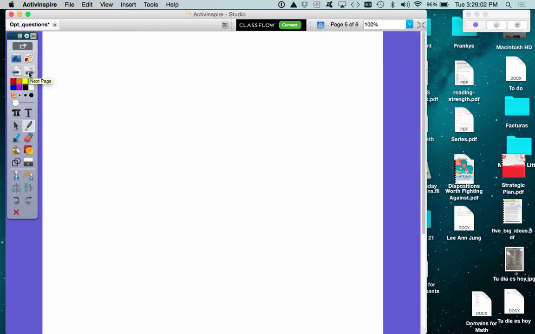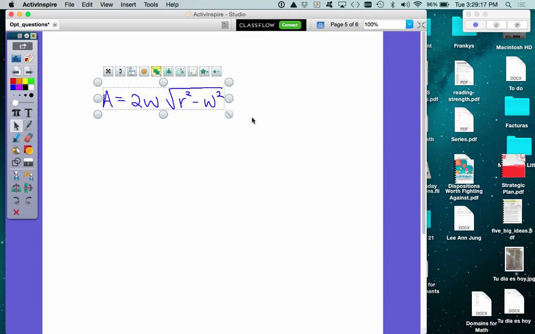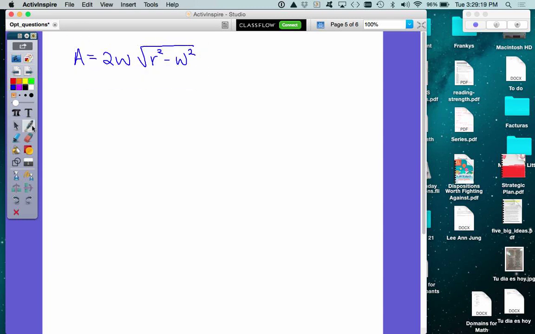So my function that I was working with was A equals 2w times the square root of r squared minus w squared. That's what we had previously. So now I differentiate this with respect to w. And I see that this is a product rule.